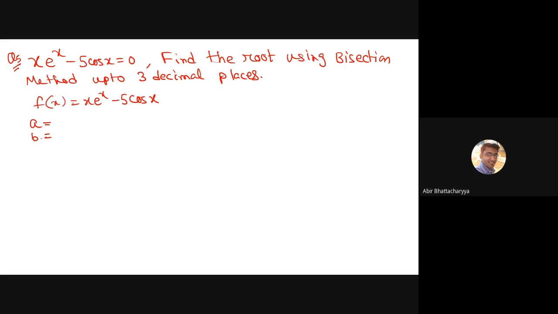Write down on the chat box. I hope you know how to write this function in your calculator. We already solved a similar problem last day, so I think it's not a difficult task for you. Quick, do it and tell me what a and b are.